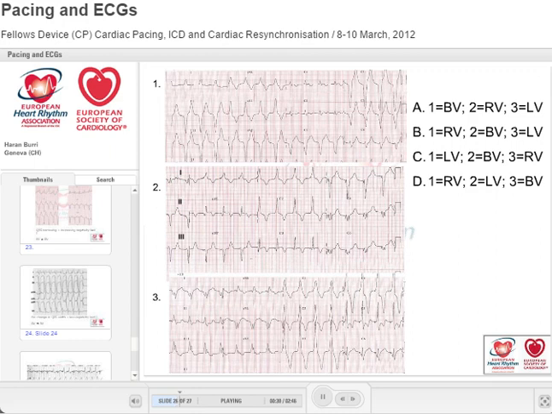Here, it's a little bit negative, here it's very negative, and here it's positive. Regarding the QRS width, I'll let you work it out visually. You can't obviously measure this, but just visually try and understand. So have a look at this, and you can start the voting.